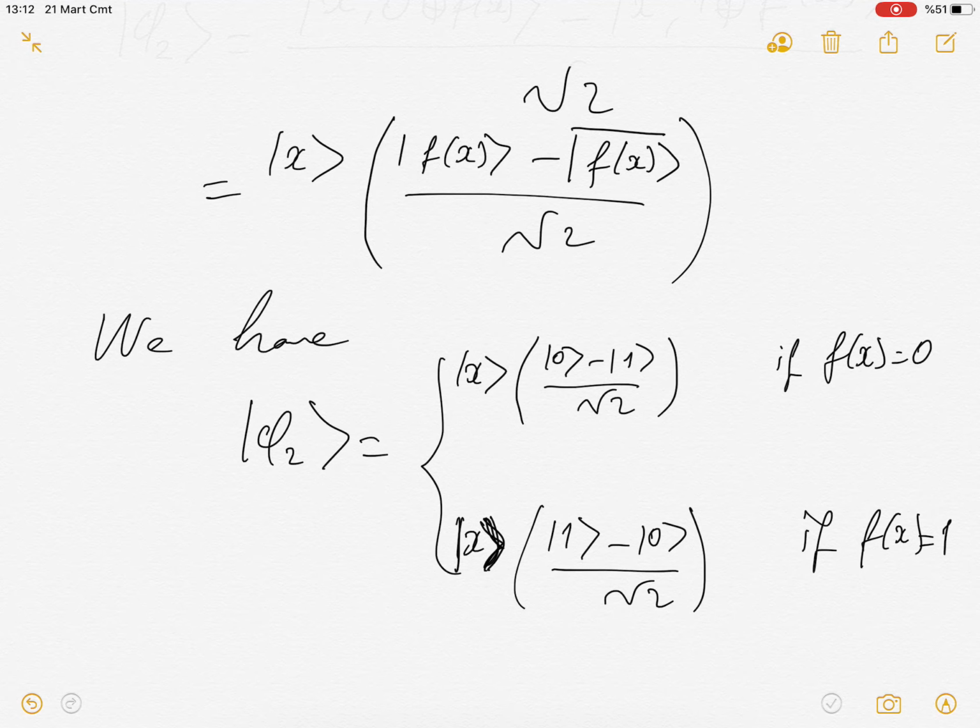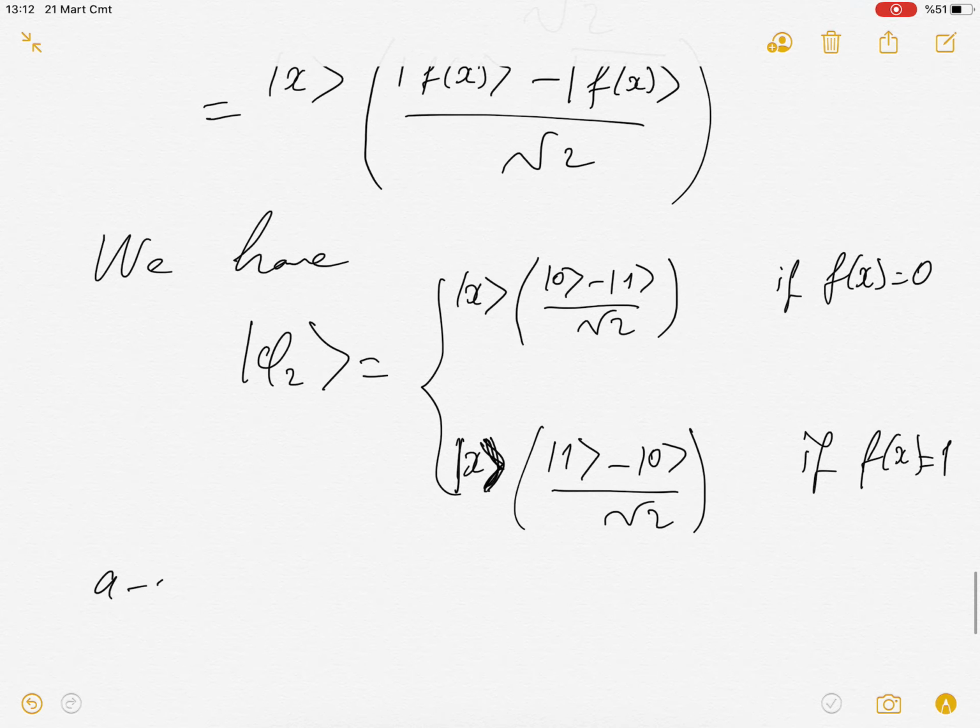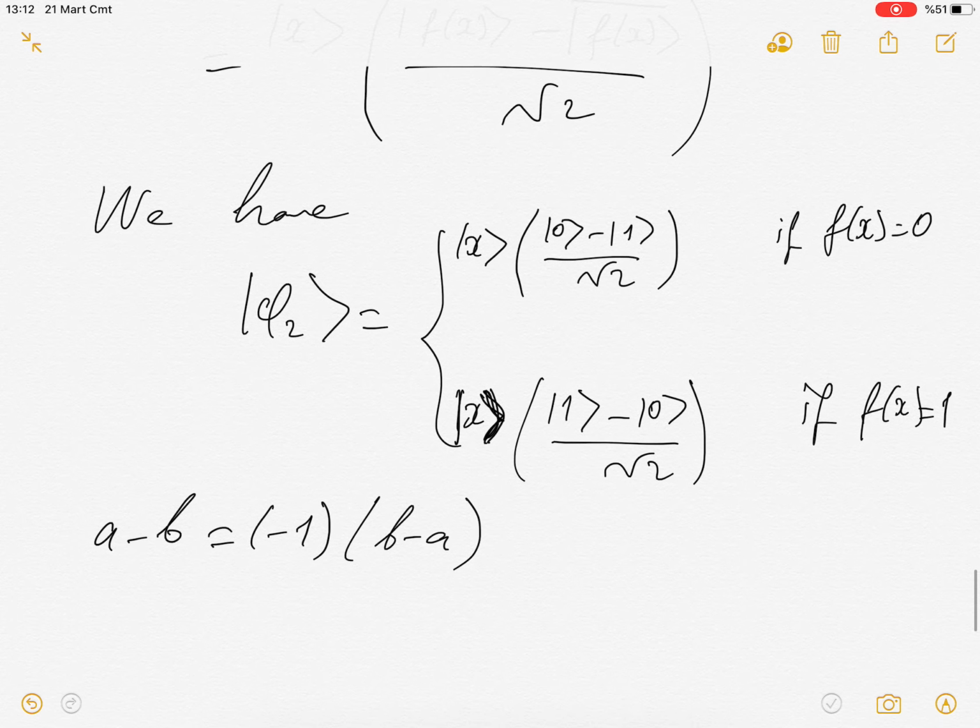Now, by simple algebra, we know that a minus b can be written as minus 1 times b minus a. If we look at the second qubit of phi 2, they're actually a minus 1 multiple of each other.